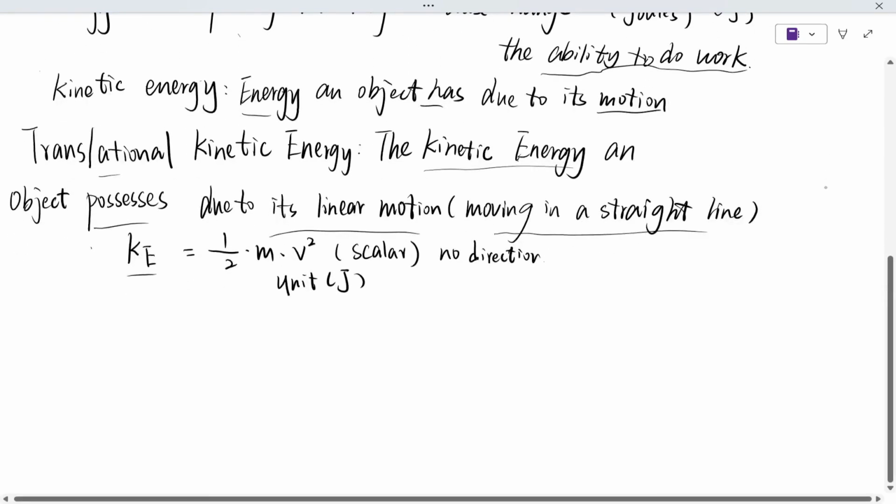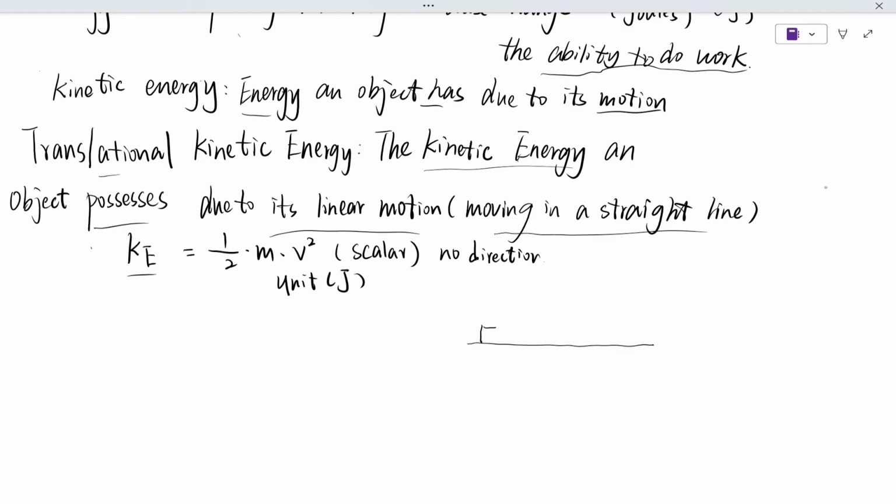Let me give you a very easy sample problem. This is a horizontal ground. An object with a mass of 1 kilogram is moving forward with a velocity of 2 meters per second and asking you what is its kinetic energy. So let's just plug into the equation.